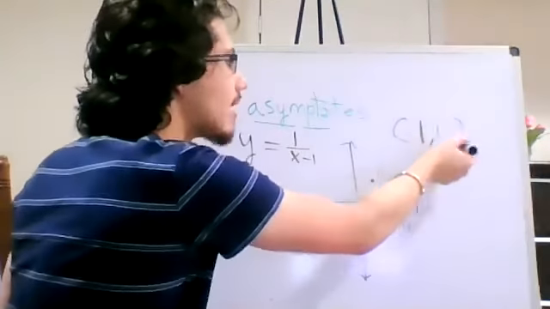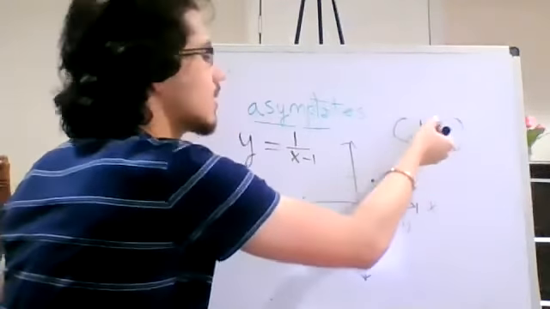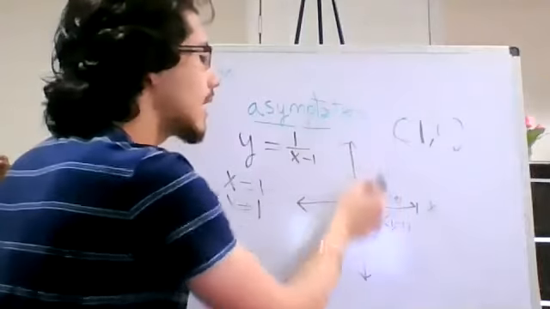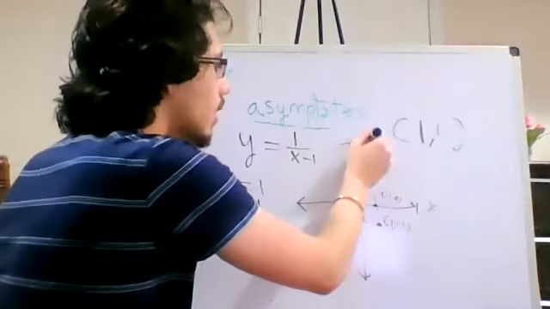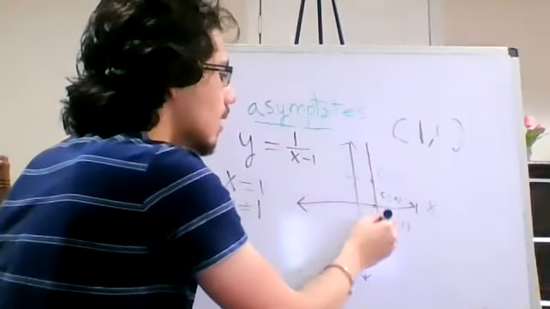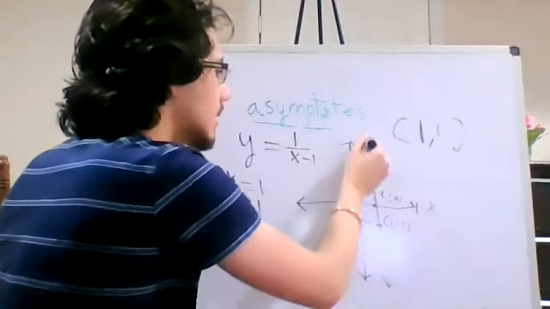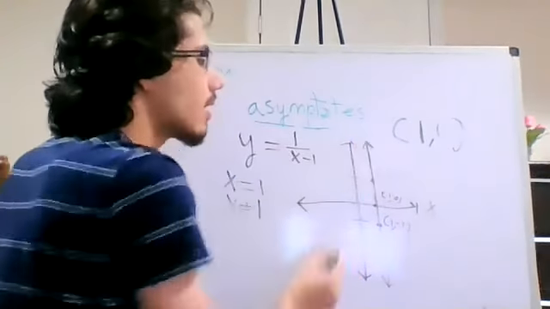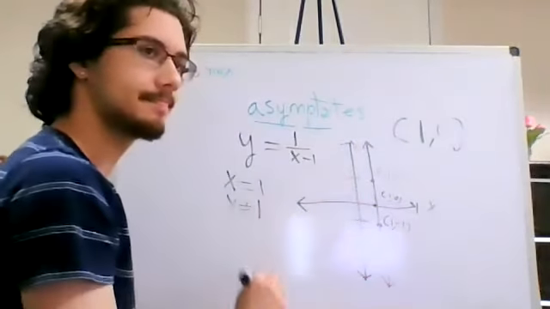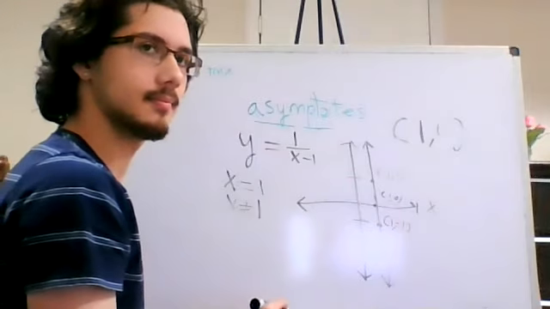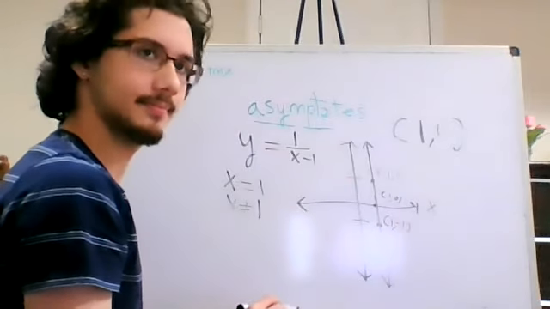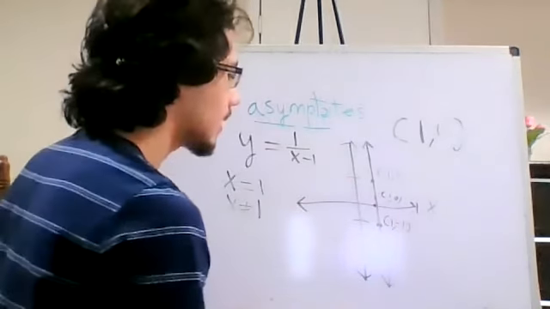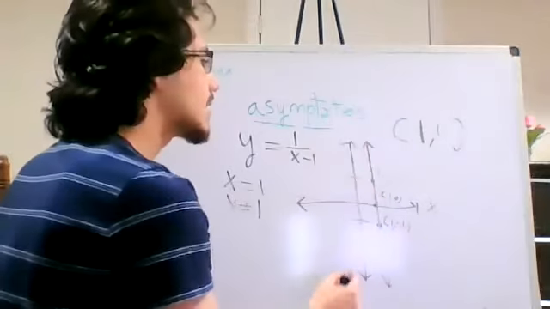So whatever number the y is, it's a point on the asymptote. So any point on this vertical line is a part of the asymptote. Does that make sense? Yes, sir. Okay, good.